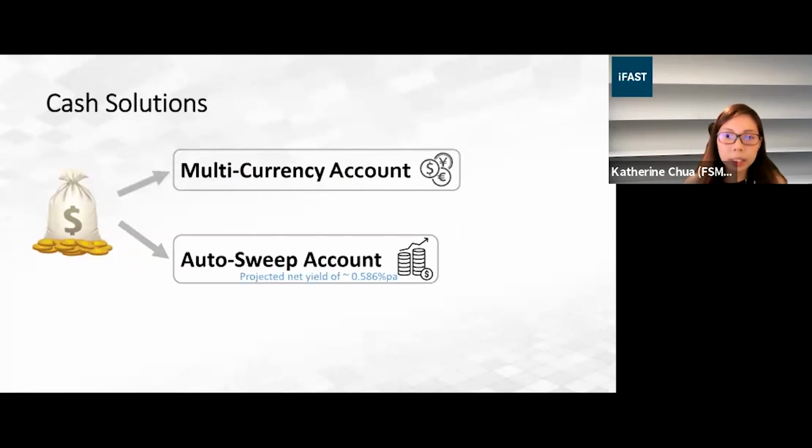To take things one step further, we also introduced the Auto Suite account. This is where FSMOne manages on a discretionary basis for you. You can opt in and deposit Singapore dollars in this account and earn a net projected yield of 0.586%.